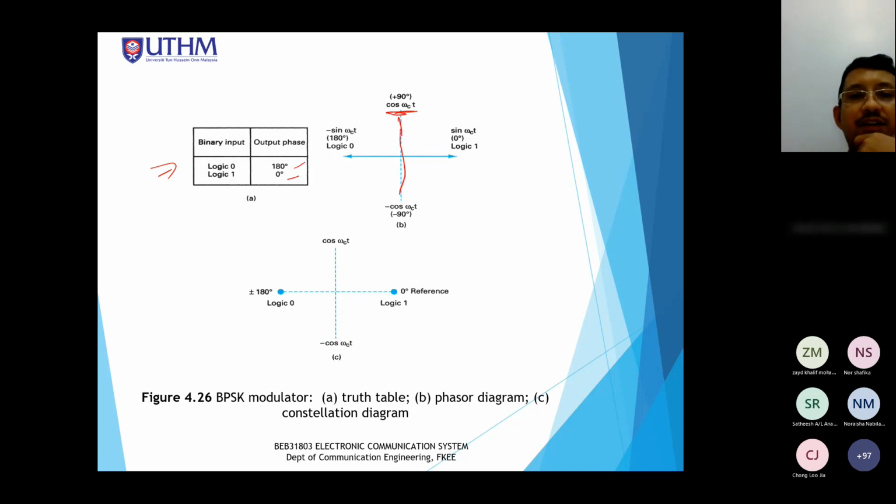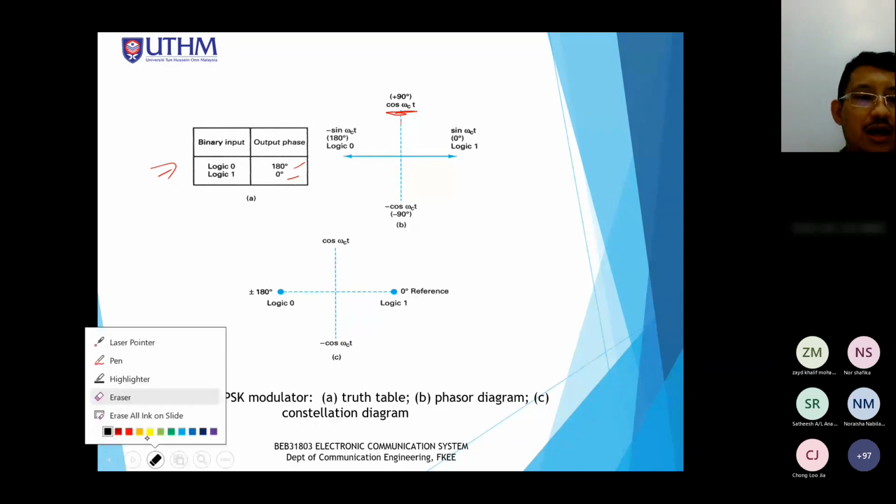Okay, this is the y-axis, and the x-axis is from negative sine omega ct until positive sine omega ct. So this is the cos versus sine diagram.